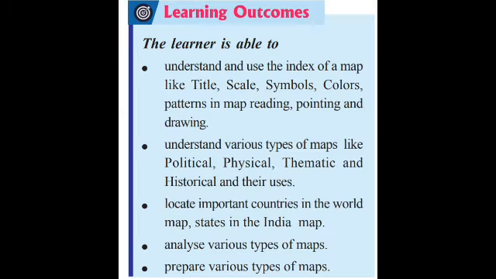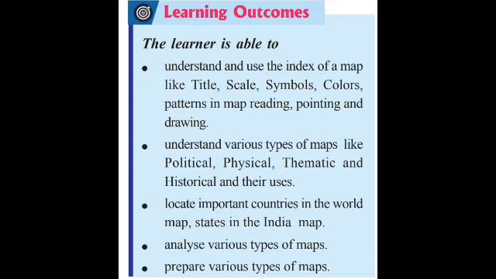Next, learning outcomes. At the end of this chapter, you will be able to understand and use the index of a map, like title, scale, symbols, colors, patterns in map reading, pointing and drawing.